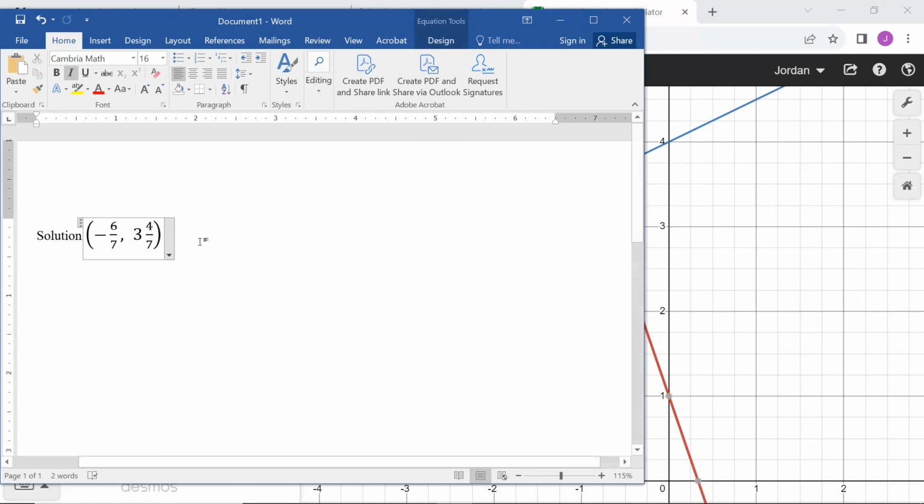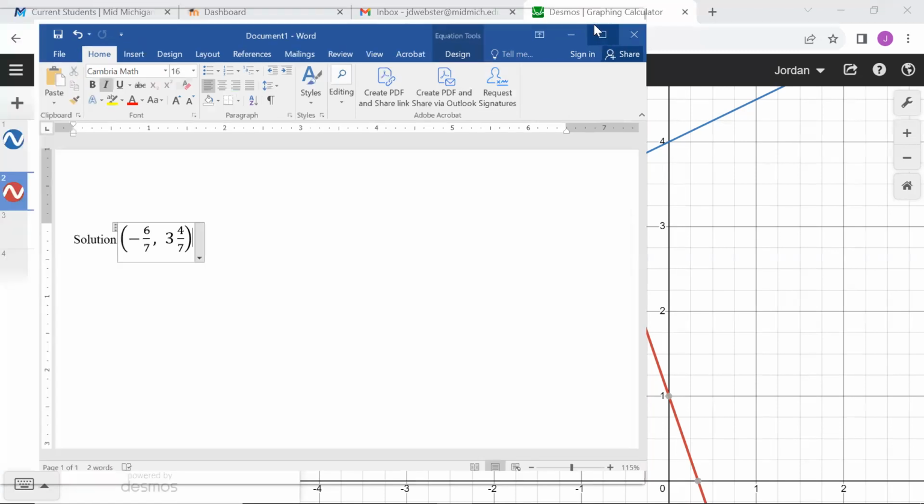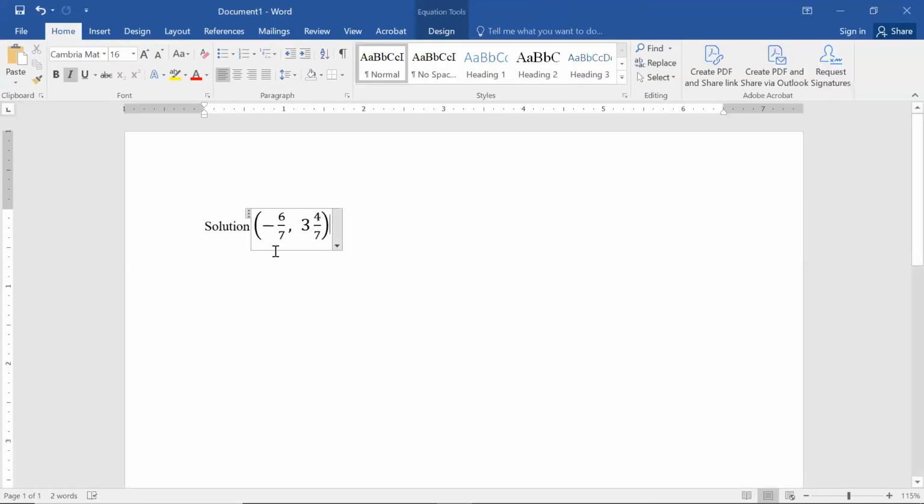Now that is a very hard point to actually see. If we wanted to find the point rounded to a couple of decimal places, then obviously we could have used Desmos. But this highlights one of the issues that we have when we're trying to solve systems of linear equations.